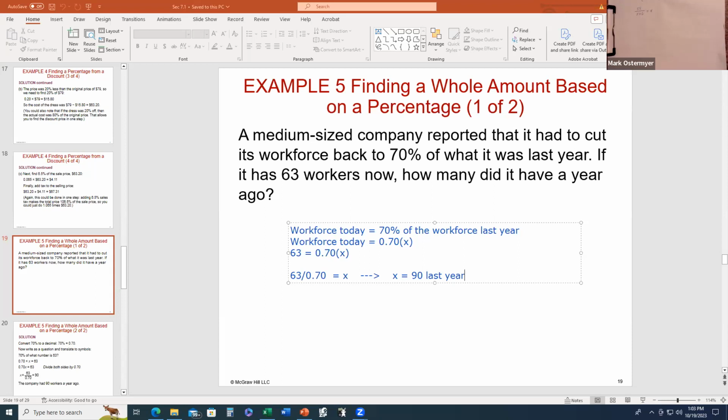Okay. Does anybody want to see another way of doing this problem? Sure.